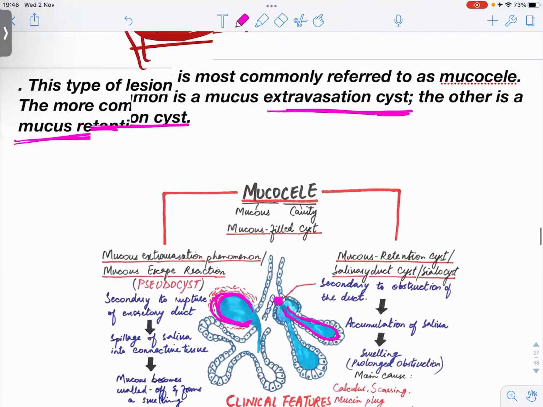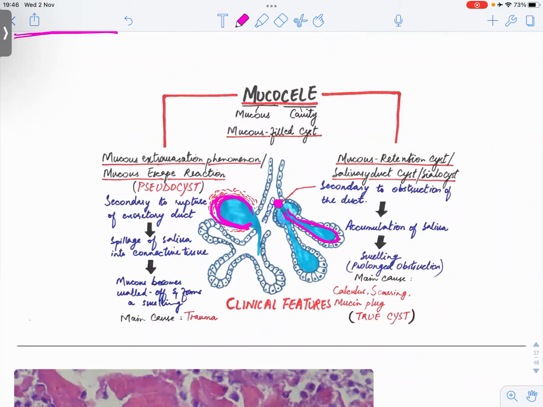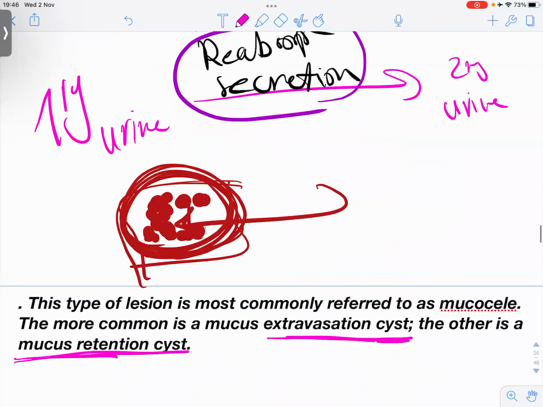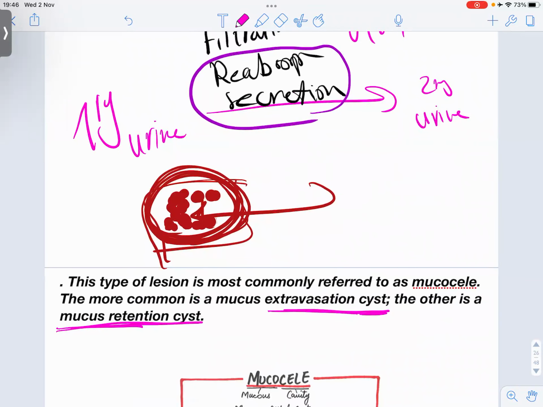And of course, extravasation cyst is the most common, because a lot of us, maybe in an accident or in some fight, can get trauma to the face and cause damage of the mucus gland tissue.